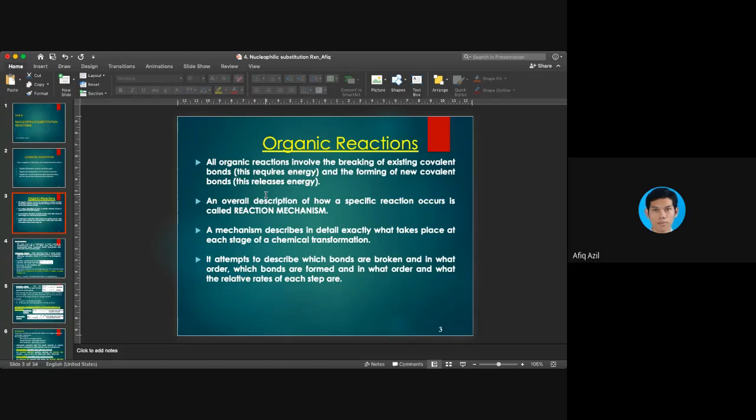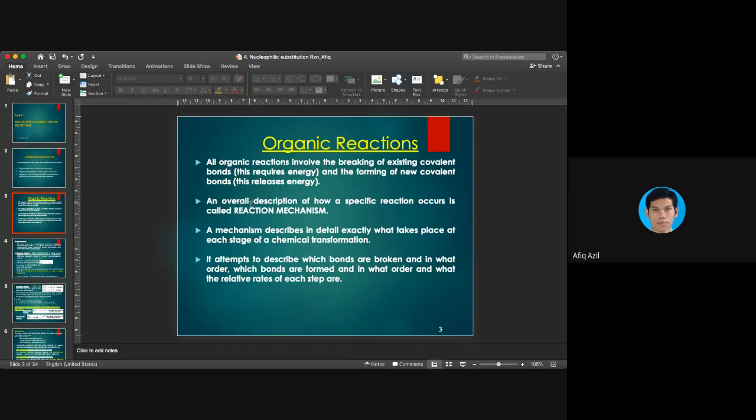If you have an ionic bond, that is normally in inorganic compounds, like for example sodium chloride or potassium hydroxide, sodium hydroxide. So those are inorganic compounds. But in organic compounds, containing carbon, hydrogen, all of the bonds are covalent. So it will involve bond breaking and also bond forming of covalent bonds.